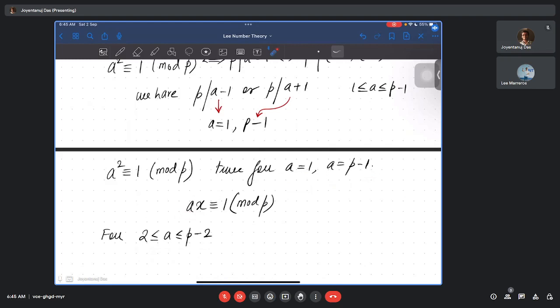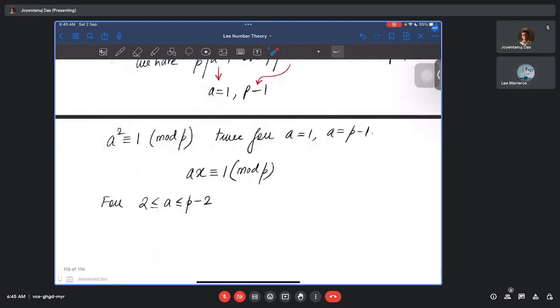So for each number a, I will find another distinct number in this range such that ax equals 1. Let me write it down.